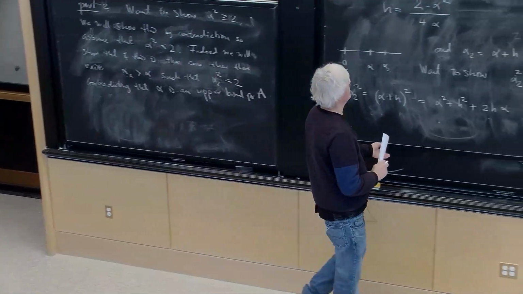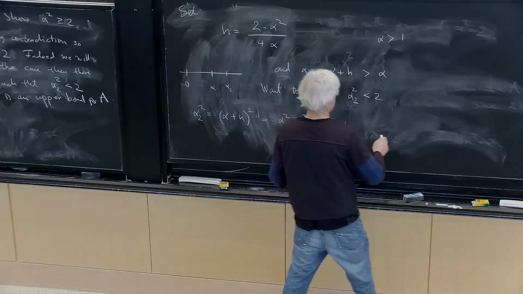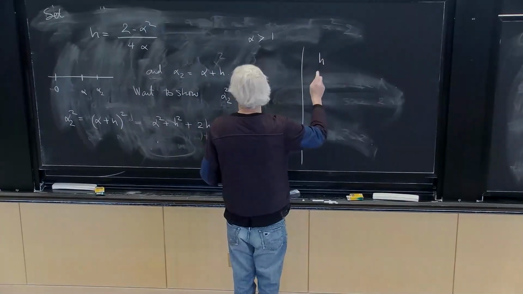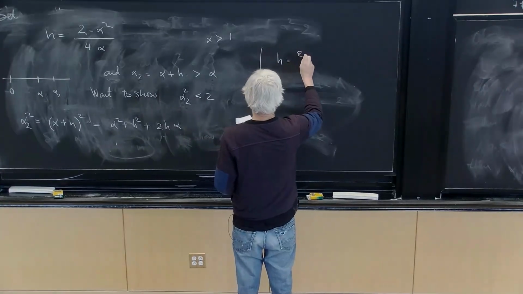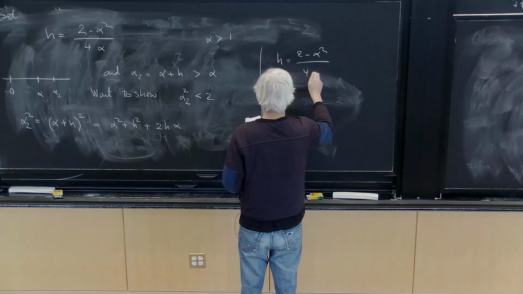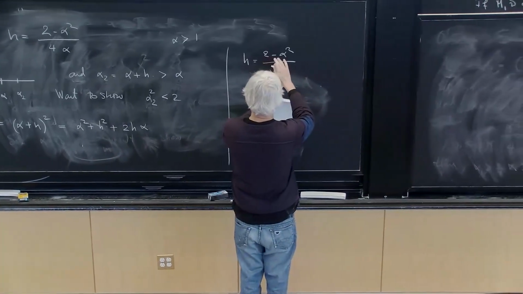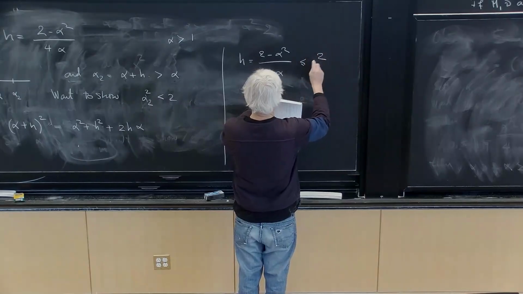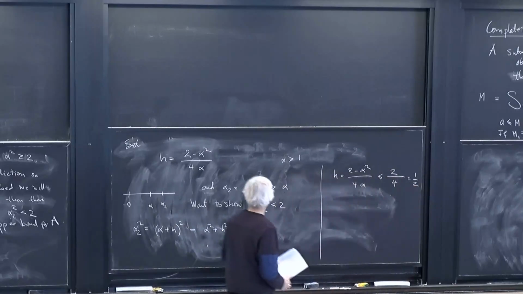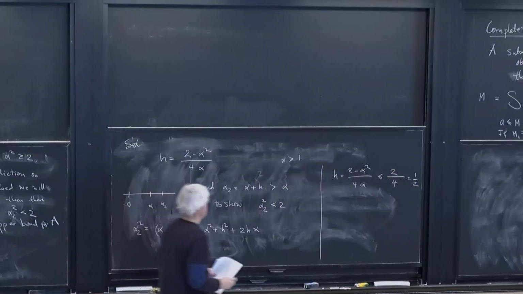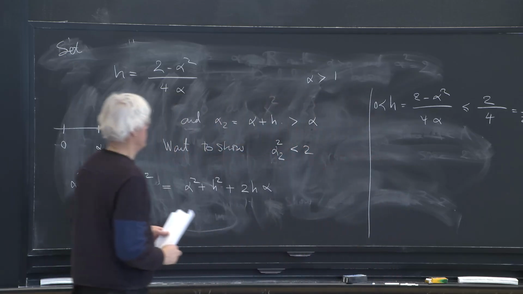We already have that alpha is this one here. You see that h is equal to (2 minus alpha squared) over 4 alpha. Alpha is bigger or equal to 1, so the denominator is bounded below by 4, and the numerator is at most 2. So again, it's 2 over 4. So this is bounded by a half. So h is positive, and h is less than a half.